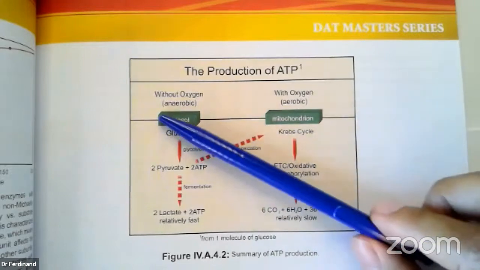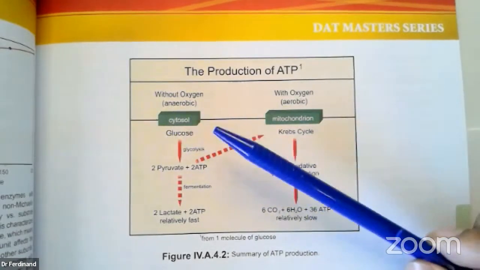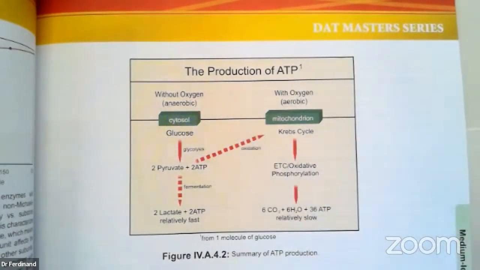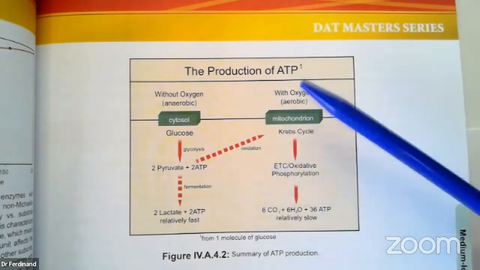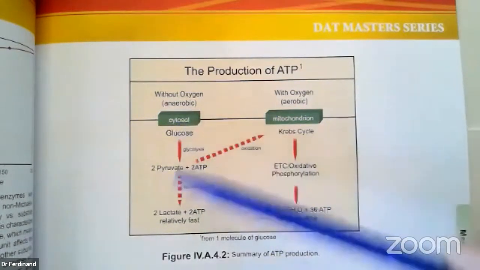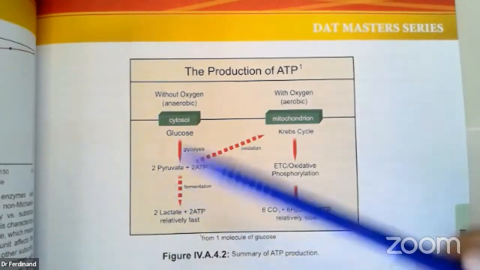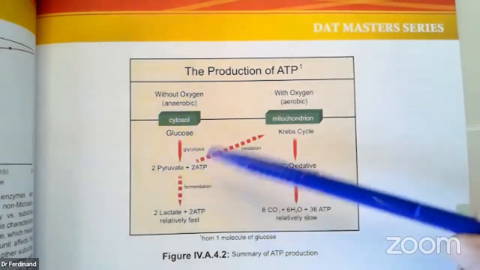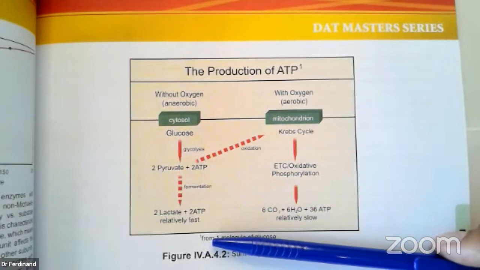Aerobic suggests with oxygen. When you're doing aerobics, you consume a significant amount of oxygen, and that's the aerobic pathway. Anaerobic would mean the opposite, so we have the pathway without oxygen.